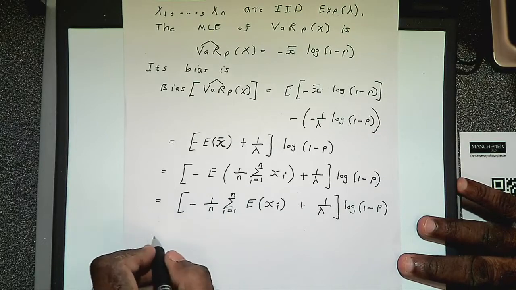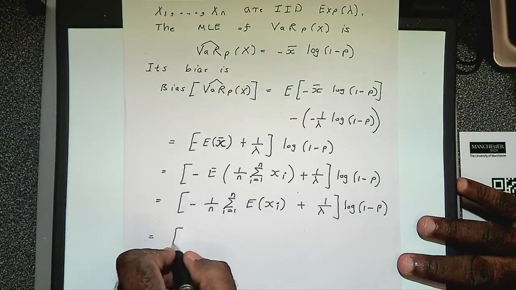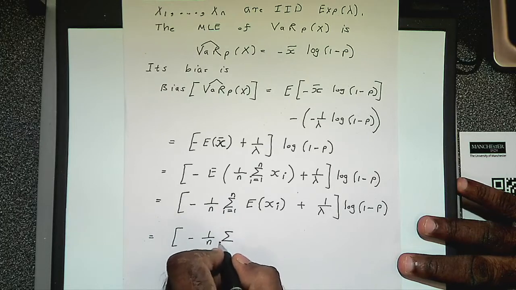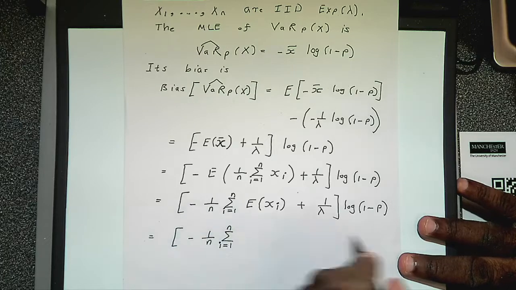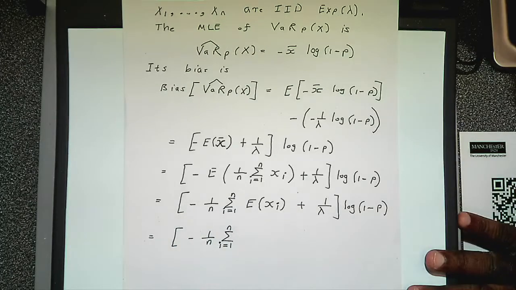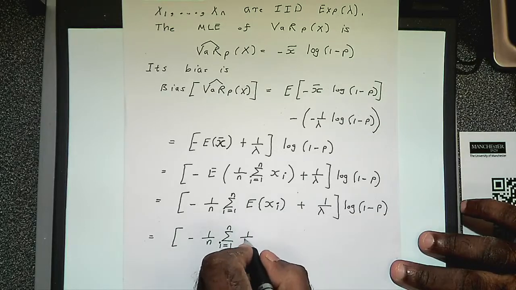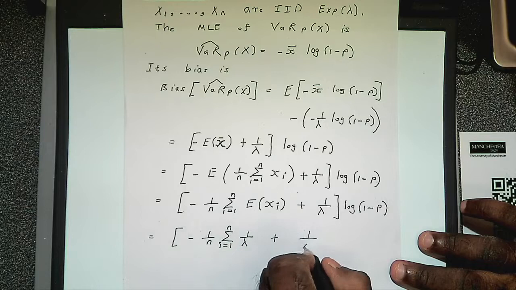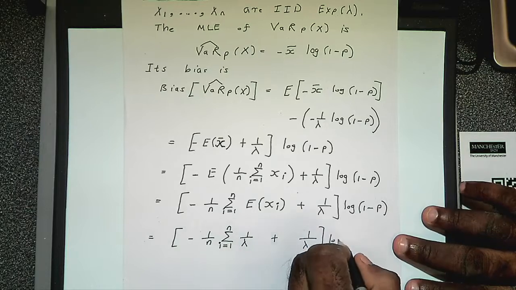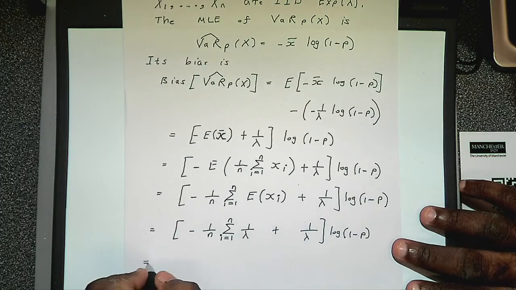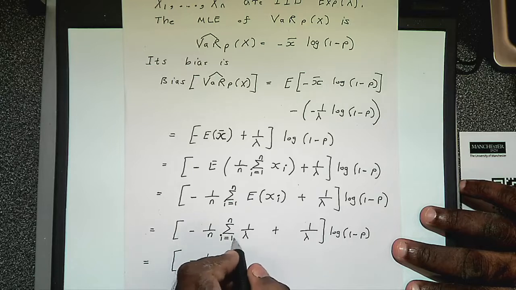Now you may remember from your first year that the expected value of an exponential random variable is 1 over lambda. So this guy here is 1 over lambda. This is the sum of a constant, which is n times the constant.